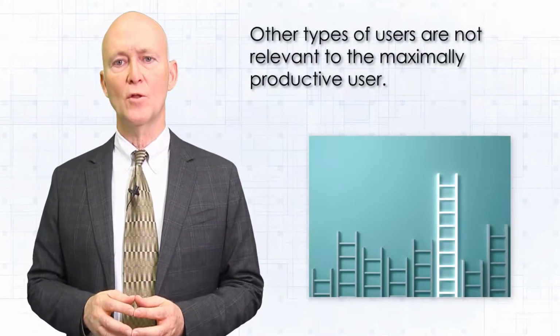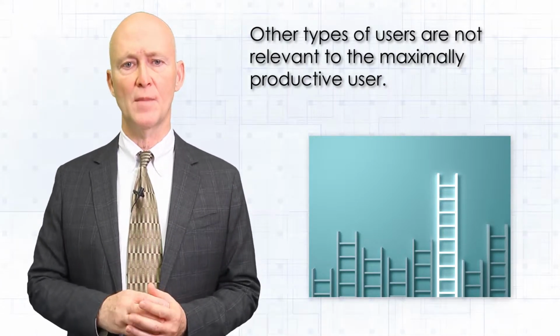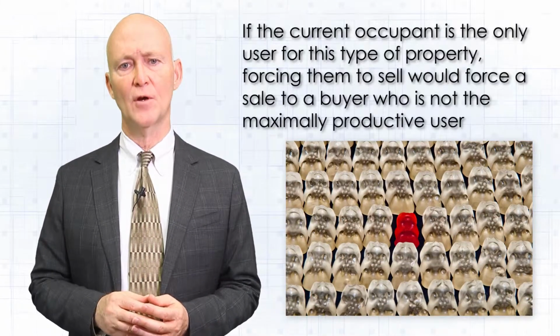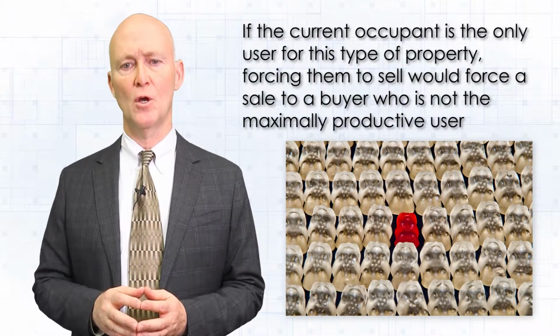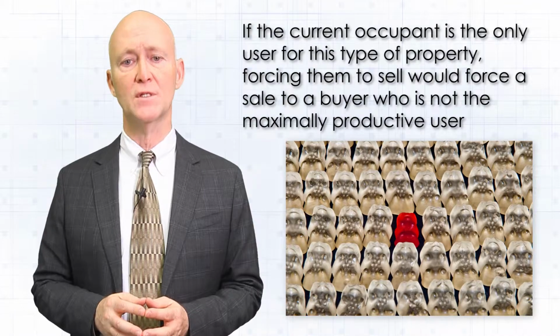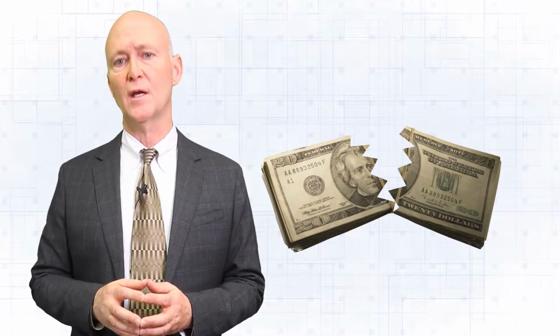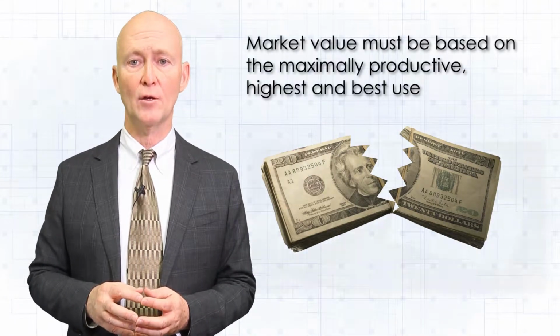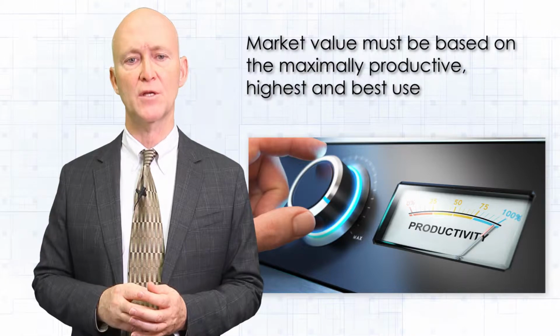The idea that no other types of users may want this type of asset is not relevant to the maximally productive user. If the current occupant is the only user for this type of property, forcing them to sell would force a sale to a buyer who is not the maximally productive user. That would destroy value and would be in contradiction to the definition of market value, which is based on the maximally productive use as part of the highest and best use.